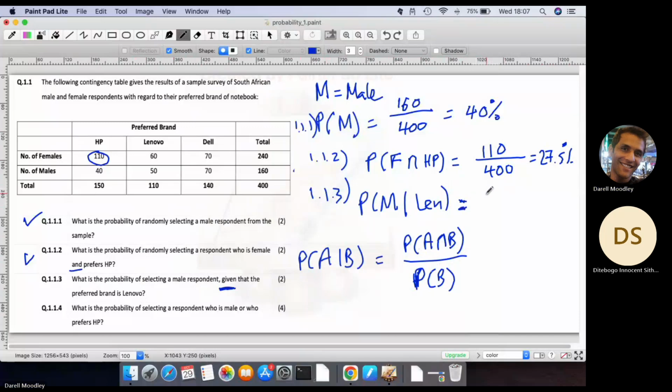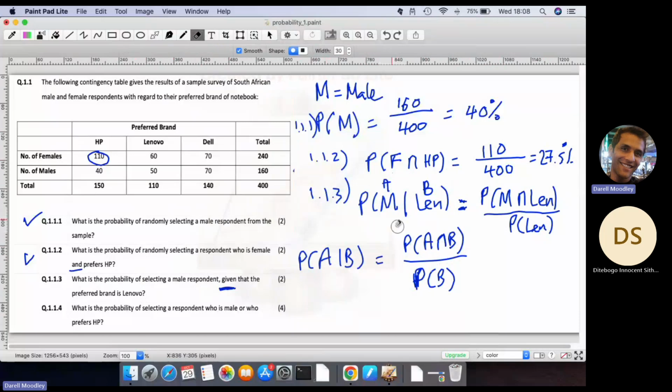The numerator is the probability of male intersection with Lenovo, divided by the probability of Lenovo. Because here, this is now your B and this is your A. All right, so we're going to work these probabilities out.